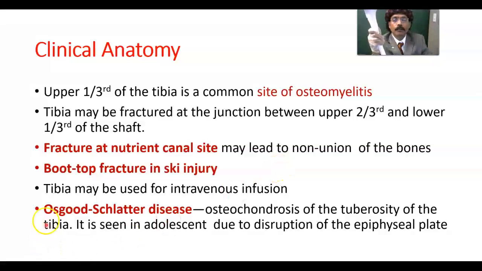nicely. Okay. Boot-top fracture in ski injury, there is a possibility. Tibia may be used for intravenous infusion. Osgood-Schlatter disease, osteochondrosis of the tuberosity of the tibia. It is seen in adolescent boys or girls, mainly boys, due to disruption of the epiphyseal plate.